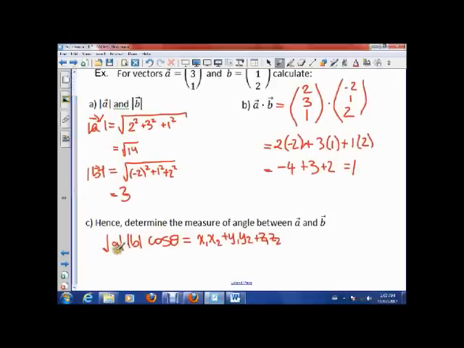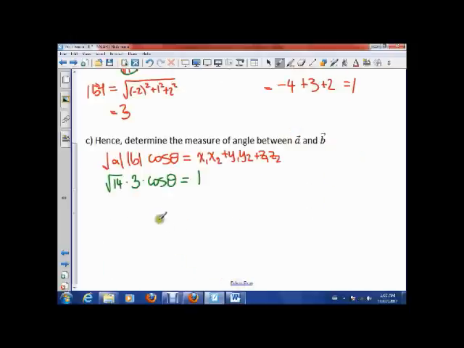Now let's fill in what we know: root 14 times 3 times cos theta, I don't know what theta is, equals 1. Now all we have to do is isolate for cos theta.